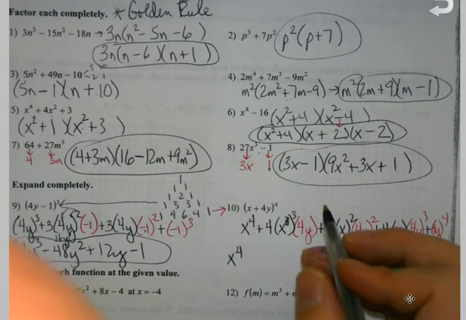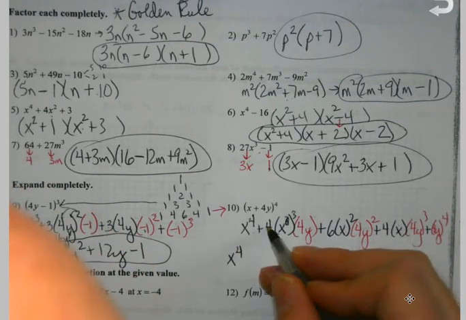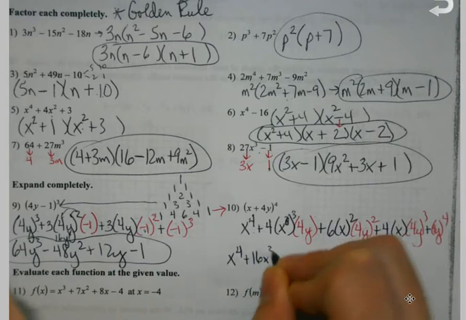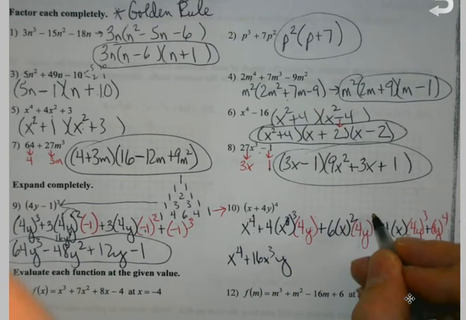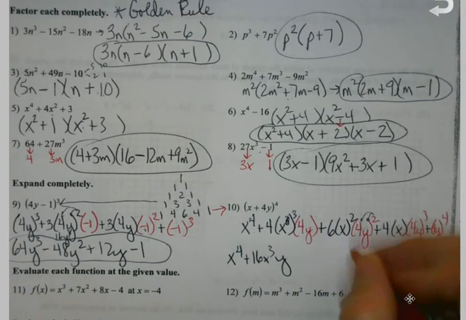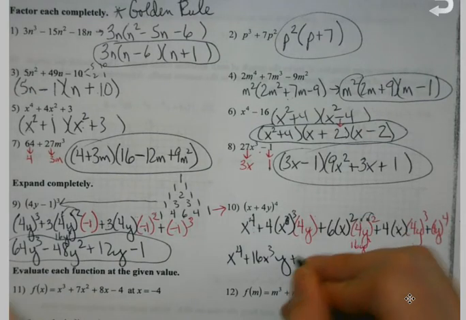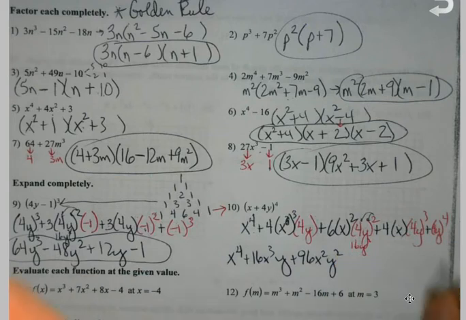It's going to be kind of large. 4 times 4 would be 16x cubed y. Here, distribute that out. 16 times 6 is 96, x squared, y squared.